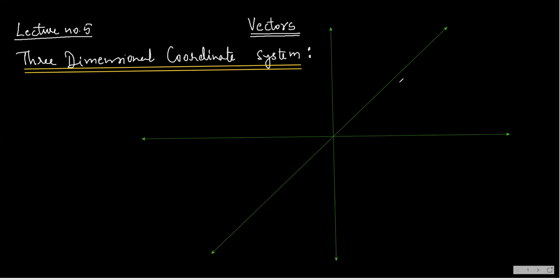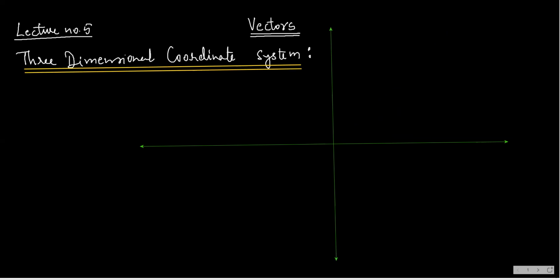A bit of imagination will make this clear. Remember that if it was a 2D system, you would have written this as y and this as x. But in the 3D system, it is not like that.